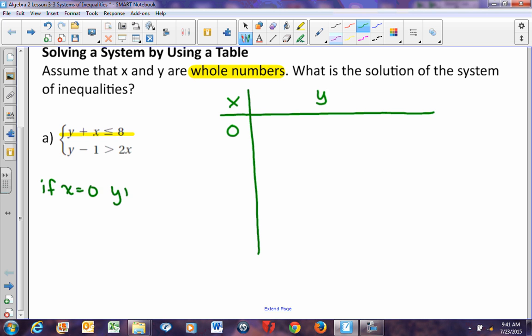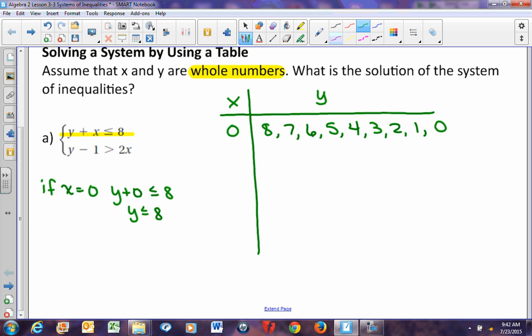Then y plus 0 is less than or equal to 8. In other words, y is less than or equal to 8. So all my solutions for y are 8, 7, 6, 5, 4, 3, 2, 1, and 0. Those are all my possible solutions.